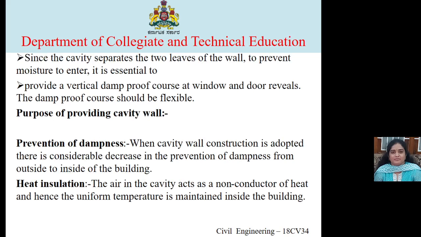So it is said, since the cavity separates the two leaves of the wall, to prevent the moisture from entering, it is essential to provide a vertical damp course at window and door reveals. The damp-proof course should be a flexible one. Generally, we provide the horizontal one, so you need to give the vertical damp-proof course also.